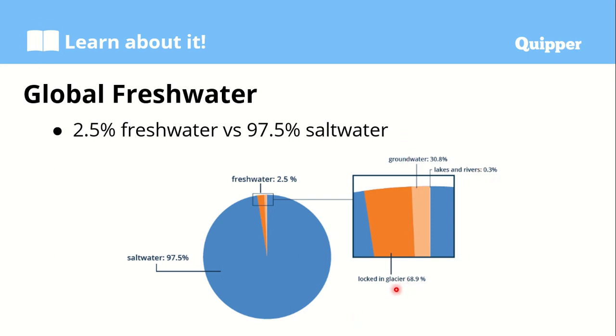For the glaciers, they comprise at least 68.9% of the fresh water. On the other hand, 30.8% belongs to groundwater, and 0.3% belongs to lakes and rivers. So, among these three classifications of fresh water, ang desirable na mainom sa mga tao is the groundwater.